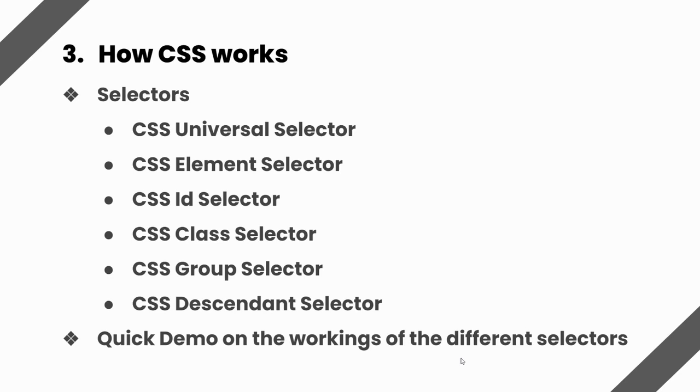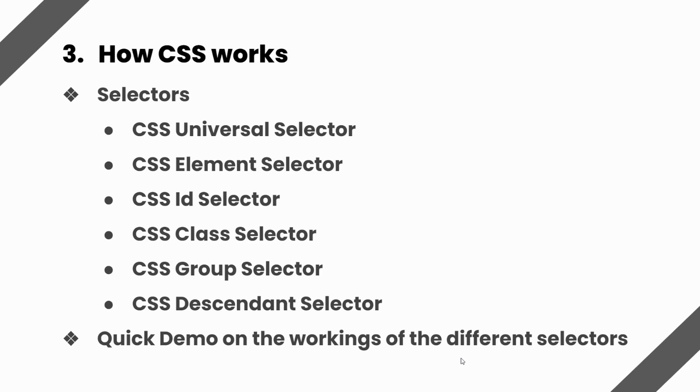Then the third, the CSS Id Selector, followed by the CSS Class Selector, then the CSS Group Selector, and lastly the CSS Descendant Selector. So we'll look into each of these selectors, we'll see the syntax and we'll also apply them. That's when we get to the practical session after this presentation.